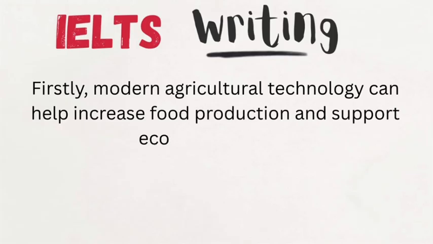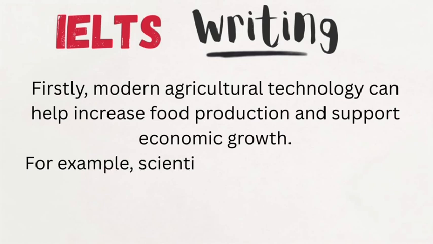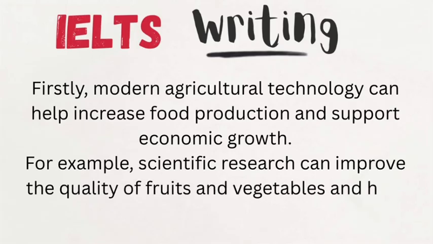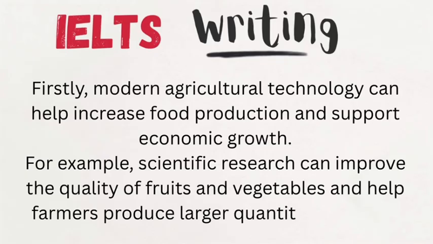Firstly, modern agricultural technology can help increase food production and support economic growth. For example, scientific research can improve the quality of fruits and vegetables and help farmers produce larger quantities of crops.